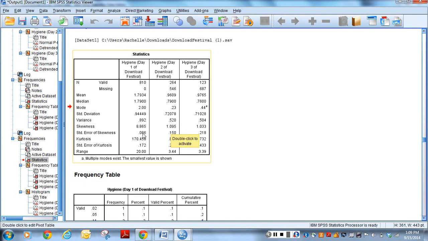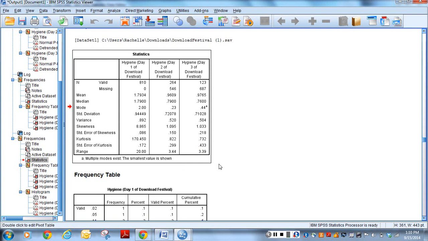My standard error of skewness is the same: 0.086, 0.150, and 0.218. So there's an error somewhere. The book has an error somewhere, because I've done this a few times and I keep getting the same number. So I'm assuming that the book has an error here.